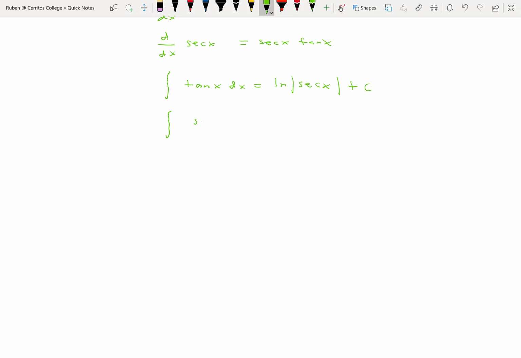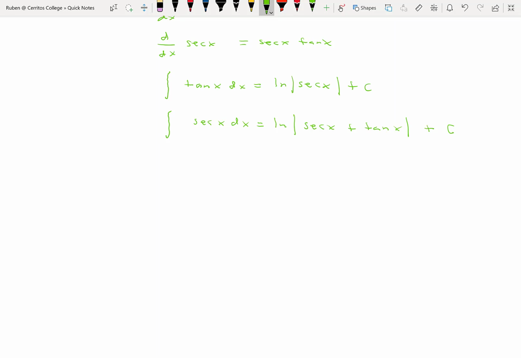We're going to need one more integral that's not easy to derive. This is one of the only complicated integrals that I would suggest you actually memorize. It's not a simple task to integrate this. It's not that hard, but it's easiest just to memorize that the integral of secant of x is the natural log of secant x plus tangent x.